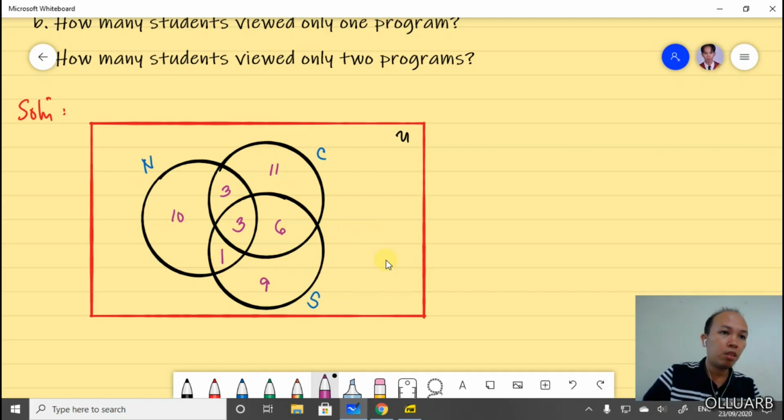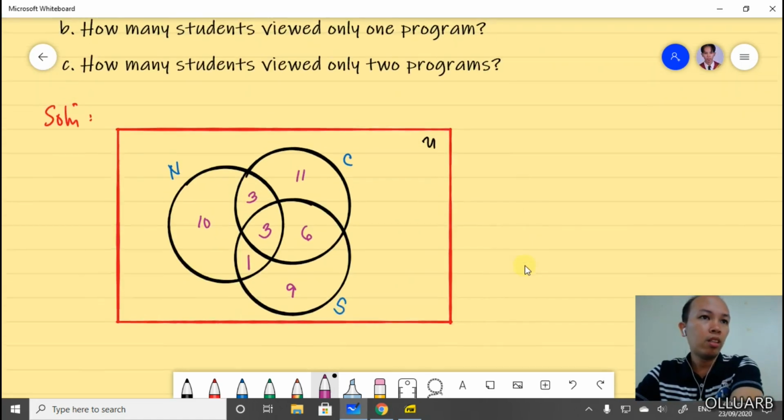The number that you are going to put outside are those students that did not watch any of the programs. Okay, so meaning to say maybe they don't have TV. Okay, they don't have TV.